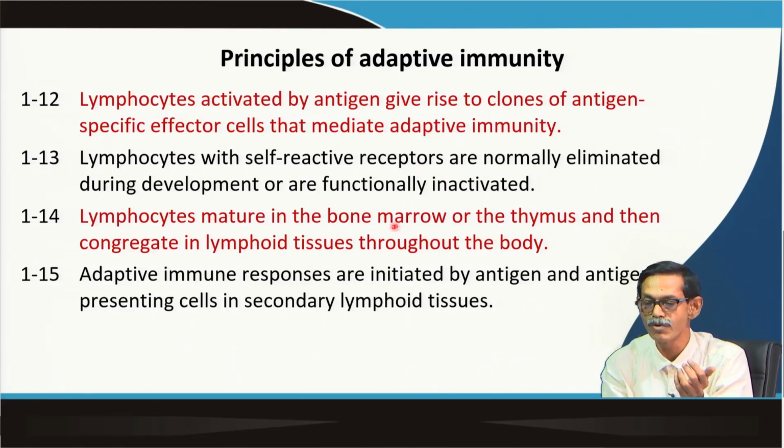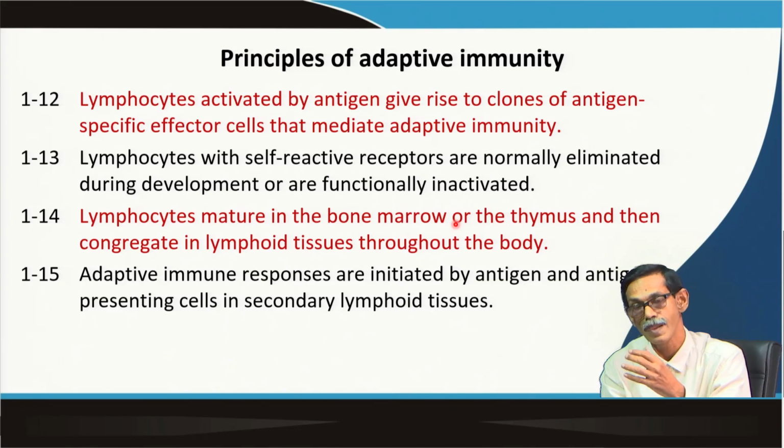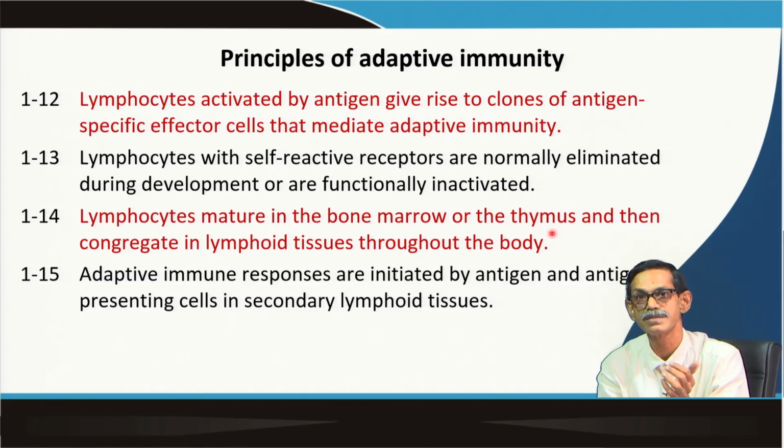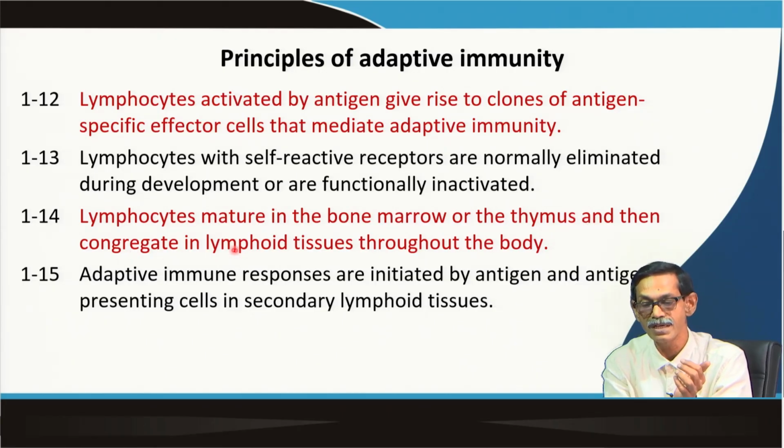Lymphocytes mature in the bone marrow. The lymphocytes, either B or T cells, are produced in bone marrow and then come into the peripheral blood. What kind of cells mature in bone marrow? The B cells. The other type of lymphocyte, T lymphocytes, mature in the thymus. The thymus is a gland, we will see later, and then they congregate in lymphoid tissues throughout the body.